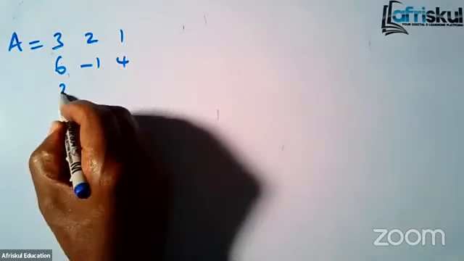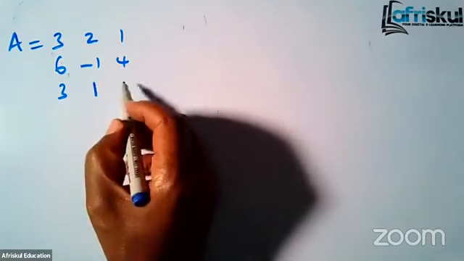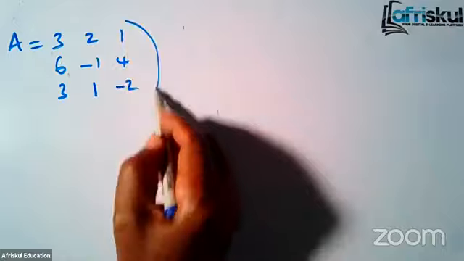So then allow us, ladies and gentlemen, straight away to just tackle this area, all of us. If you're given here matrix A, which is 3, 2, 1, 6, -1, 4, 3, 1, -2, like that.